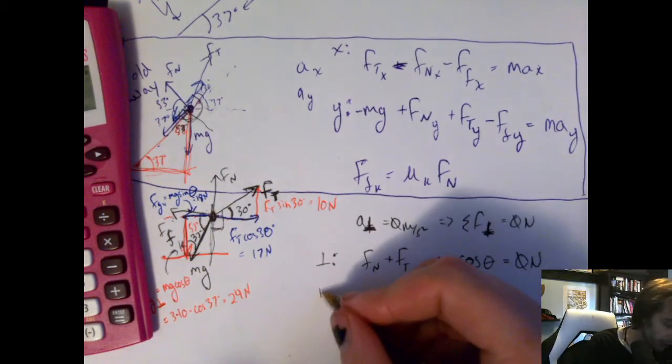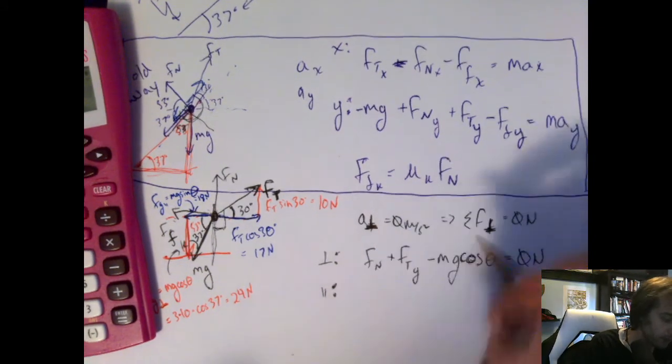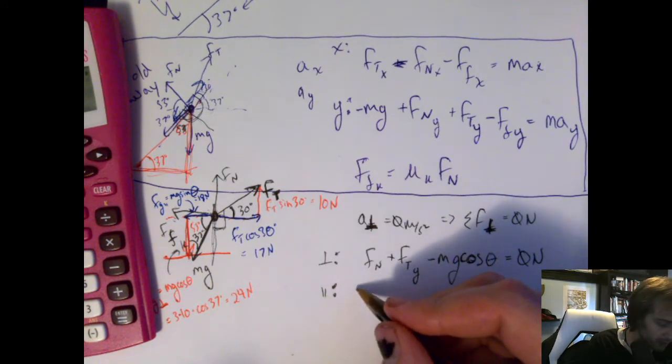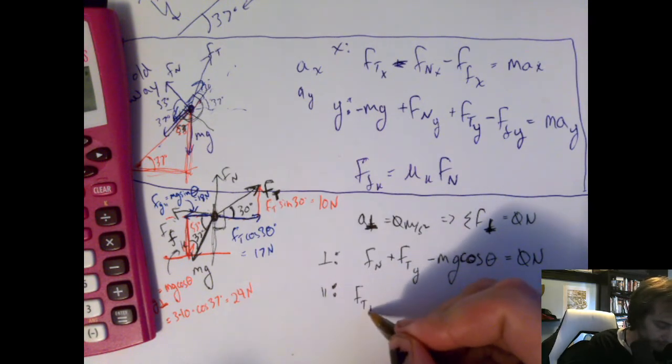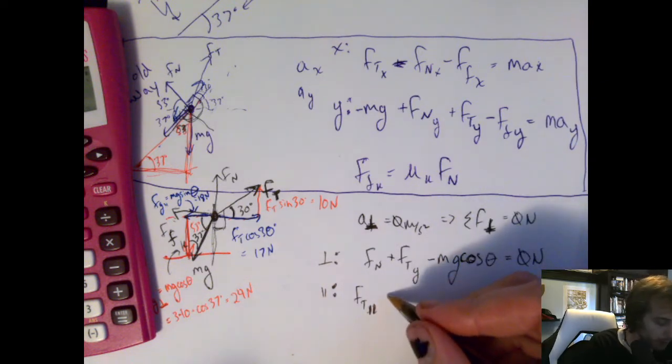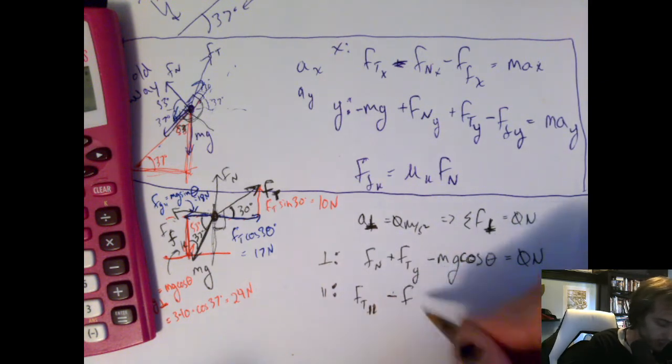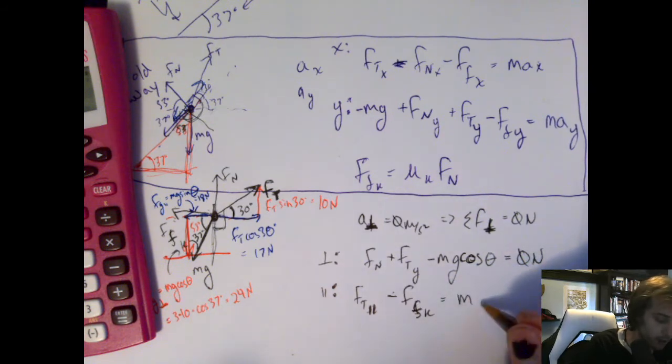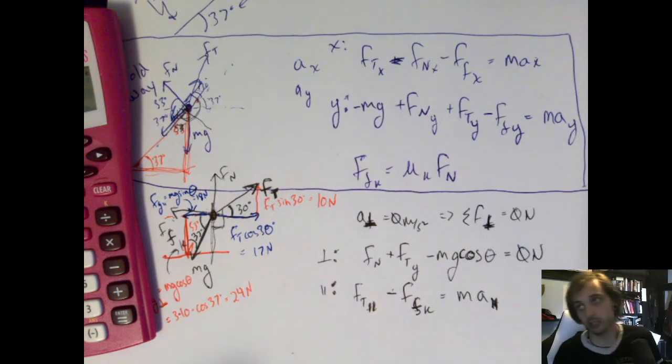Setting it up for the parallel part, we've got that there's some part of tension going forward. Two lines means parallel. There's some, and then there's friction, which in this case is going against it. And my parallel acceleration is the only acceleration that there is.